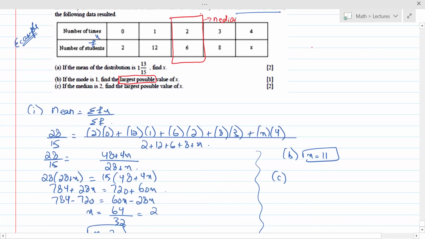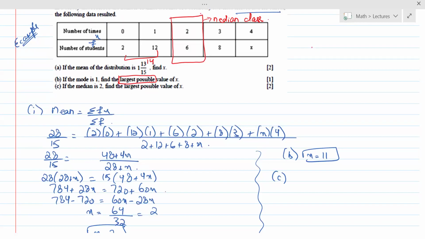Now, on the left of the median class, what we can see is 2 plus 12. Already 14 values are there on the left. And on the right, that is 8 plus x. We have to find the largest possible value of x.